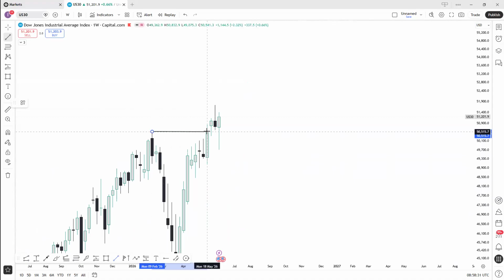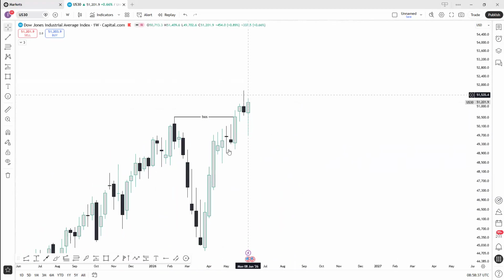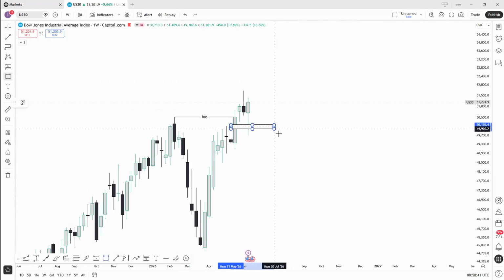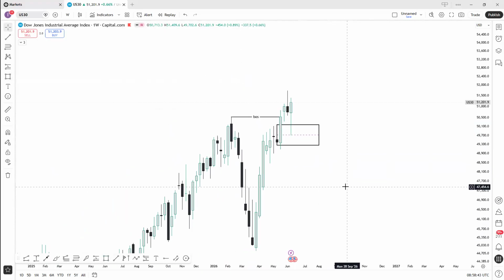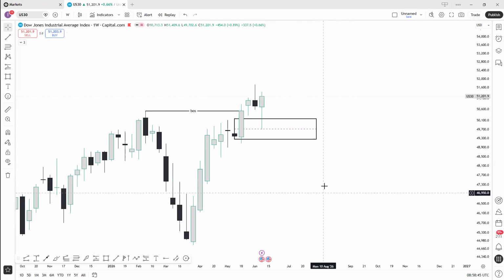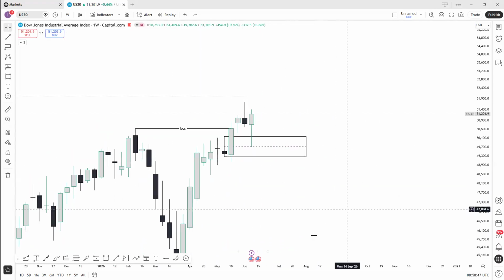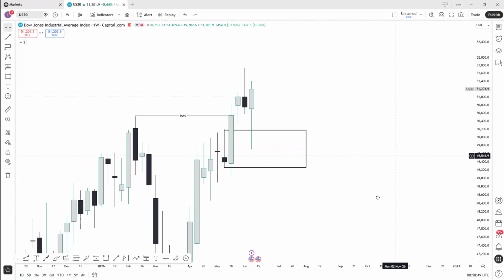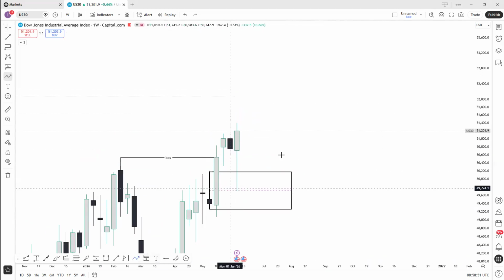You can see price broke this previous high, created a very valid break of structure. Then after creation of that break of structure, you can see price retrace back to mitigate this weekly demand.